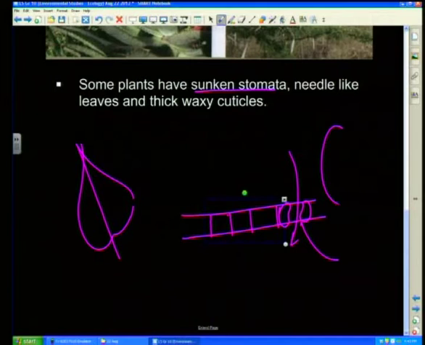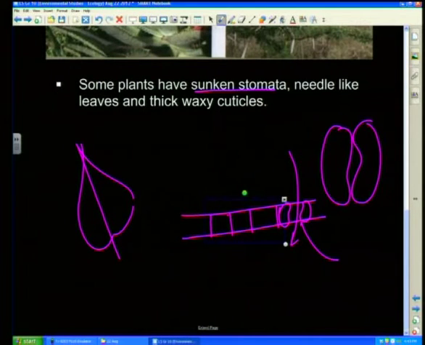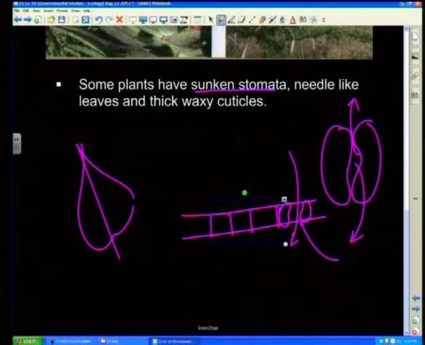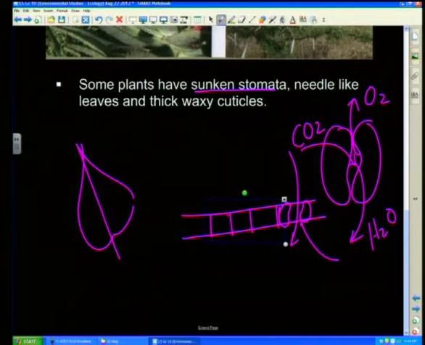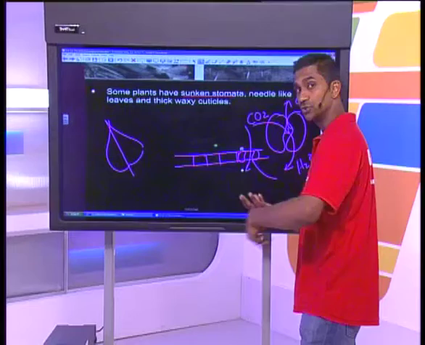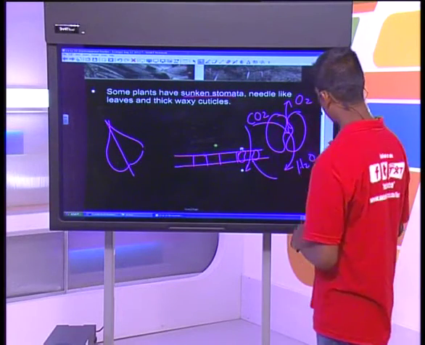If I were to draw this in a cross section, that is what the stomata looks like, and this is what controls the movement of water and the movement of gases. Oxygen moves out, water vapor moves out, and you have CO2 moving into the leaf for the process of photosynthesis. So these plants would have their stomata sunken deep inside the lower surface of the leaf to reduce the rate of transpiration.